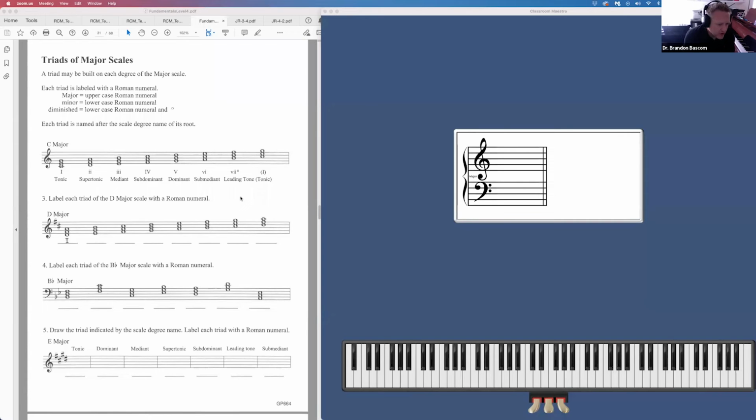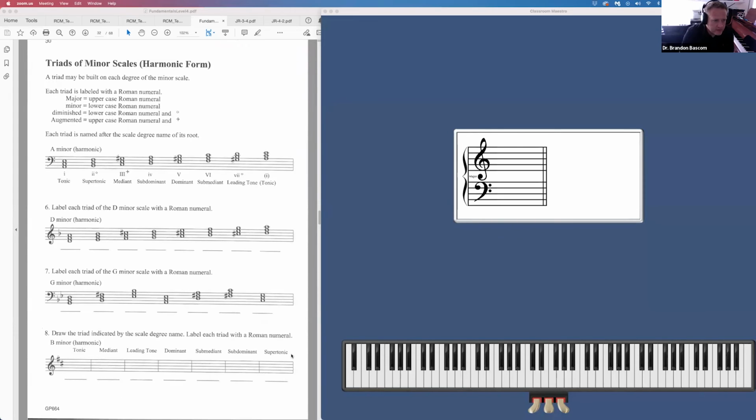So part 3, drawing the Roman numerals. Part 4, drawing the Roman numeral numbers. Part 5, drawing the triad and the Roman numeral for the given scale degree.